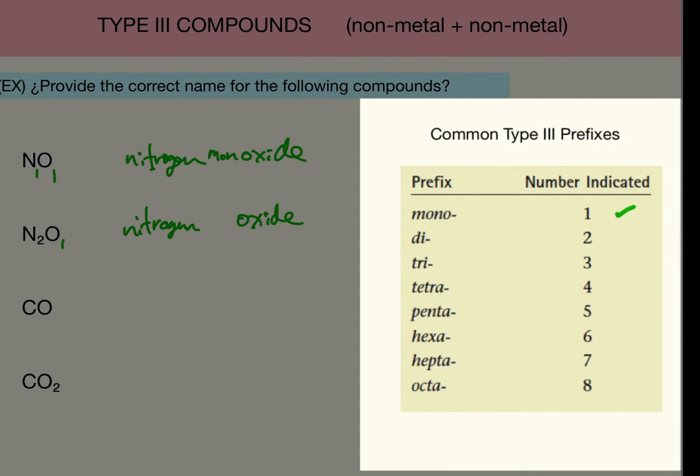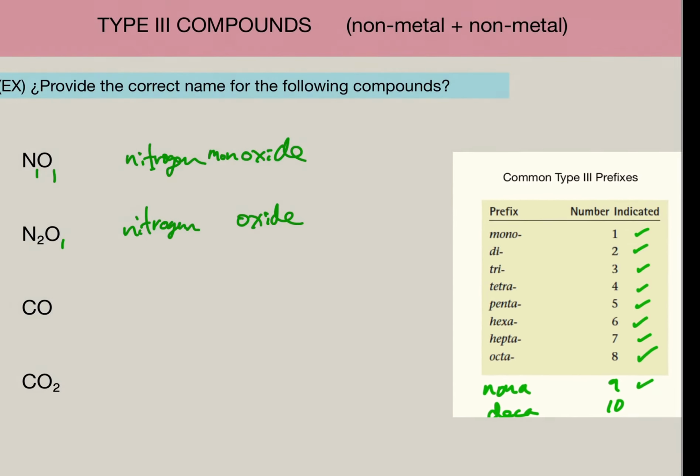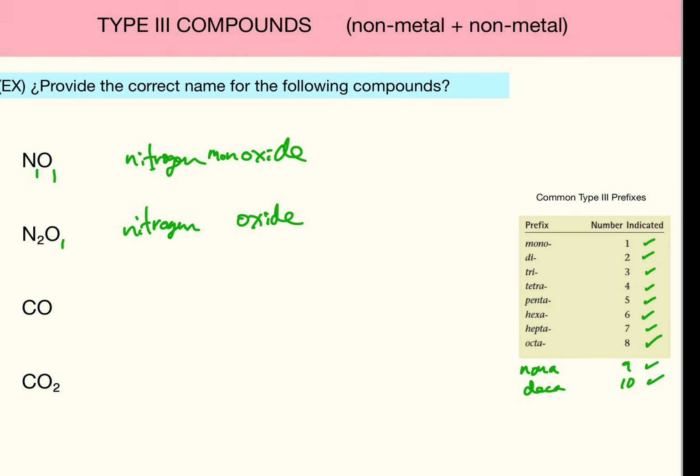If you have a subscript of 2, the associated prefix is di. 3 is tri, 4 is tetra, 5 is penta, 6 is hexa, 7 is hepta, 8 is octa, 9 is nona, and 10 is deca. Those are the only prefixes you're responsible for memorizing. There are many more that are higher than 10, but you don't need to memorize those.